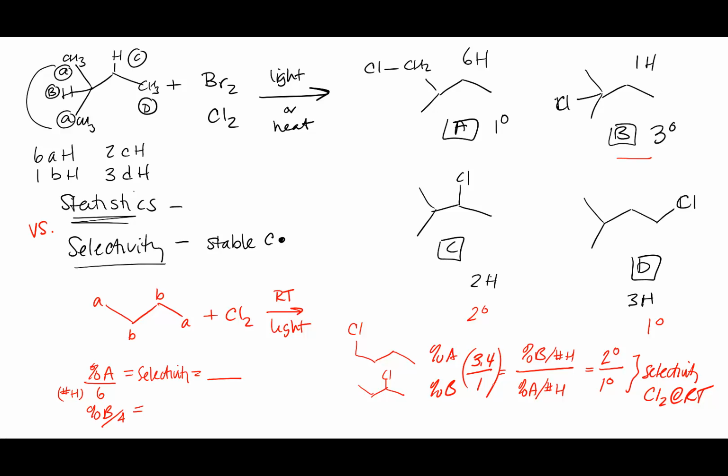And so we do this reaction again with tertiaries, and what we find is that we can have these selectivity numbers for all three positions. So the selectivity of chlorination at room temperature turns out to be 5 to 3.4 to 1.